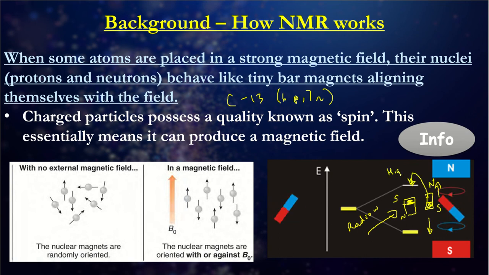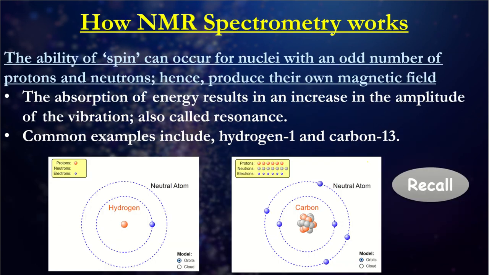So that's high energy. And we said that if it's just aligned with the magnetic field, we say it's low energy. So this one is aligned, this one is opposed. Okay, and then obviously we said what the choices were.